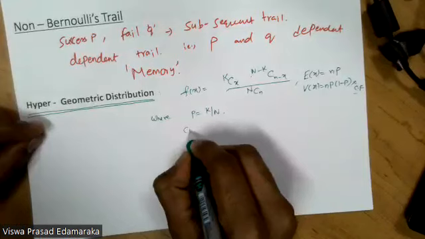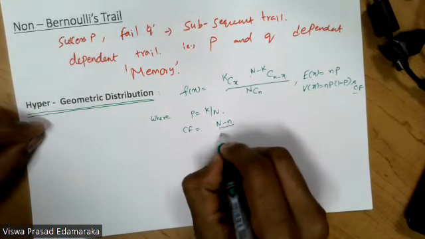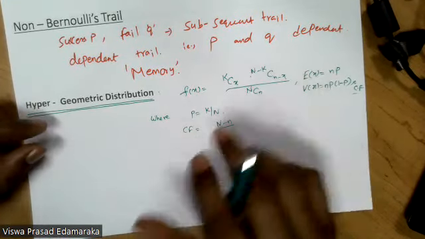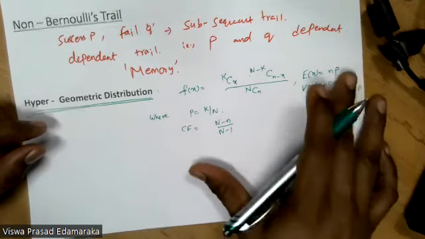What is the correction factor? (N minus n) by (N minus 1). I never remember this formula.